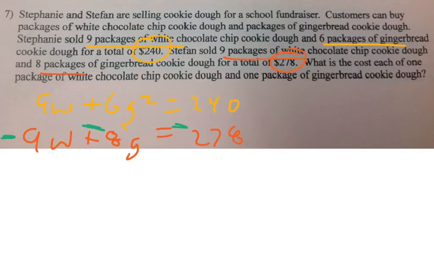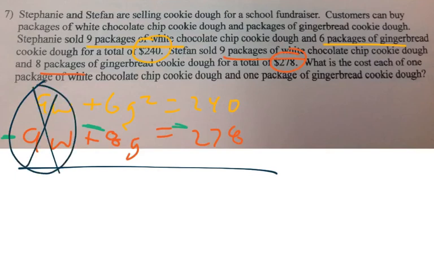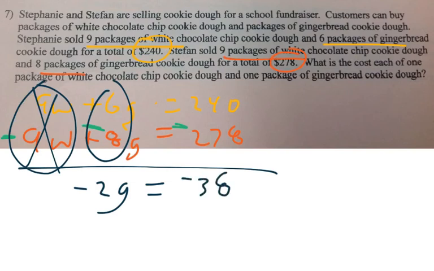So notice how I distributed the negative. 9W minus 9W, of course, is no more of the white chocolate chips. 6 minus 8 is going to give me negative 2 gingerbreads, and that's going to equal negative 38, because 278 minus 240 is 38.